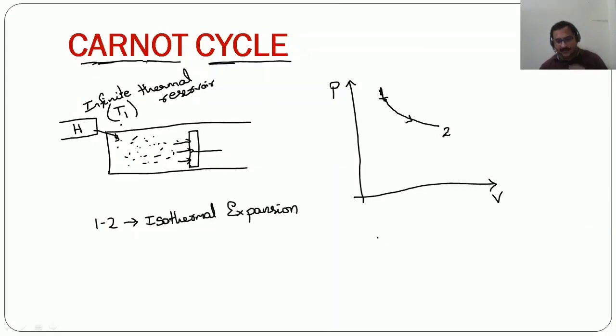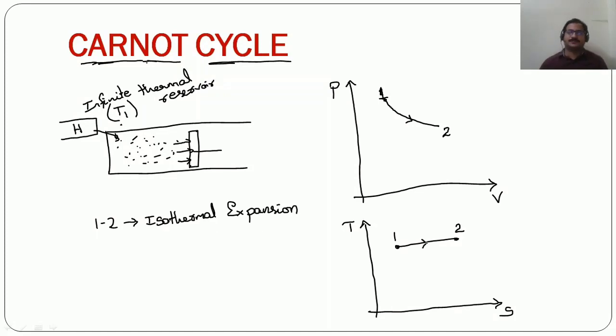So if we represent this same on the TS diagram, we will be getting a horizontal line like this from 1 to 2.